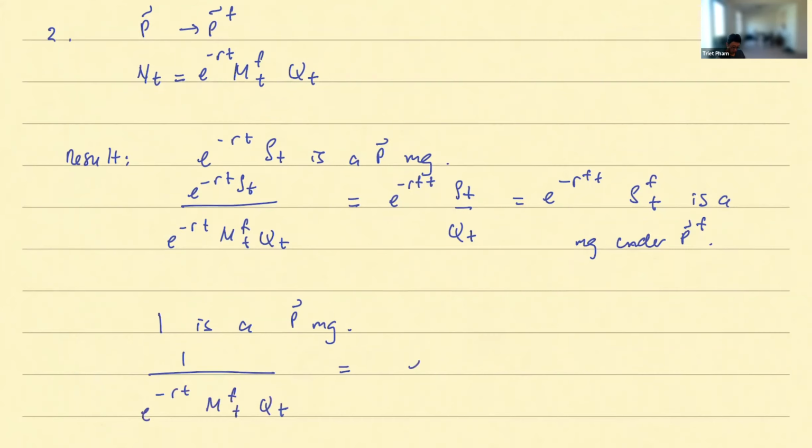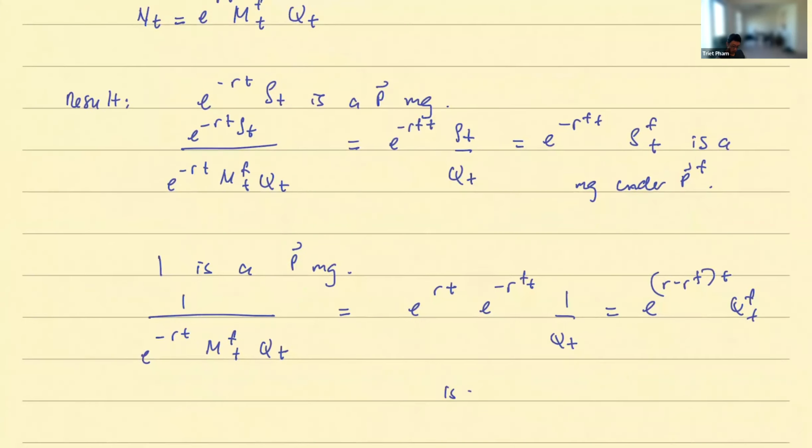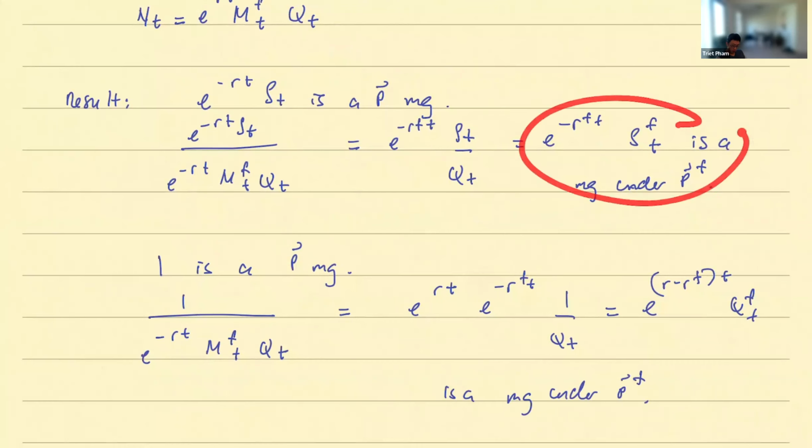Yes, it's true. e to the RT, and then e to the minus RFT, 1 over QT, which is exactly e to the R minus RFT QFT, is a martingale under P tilde F. Okay. So exactly, these are the two processes that we show. We say that they must be martingales under P tilde F.